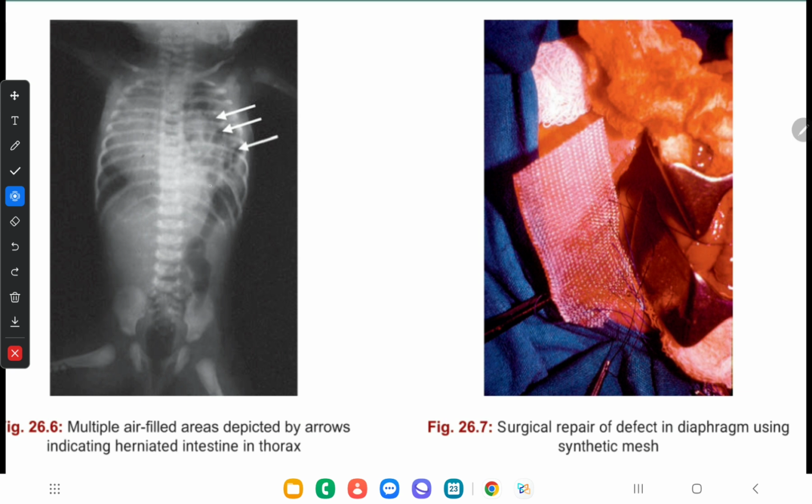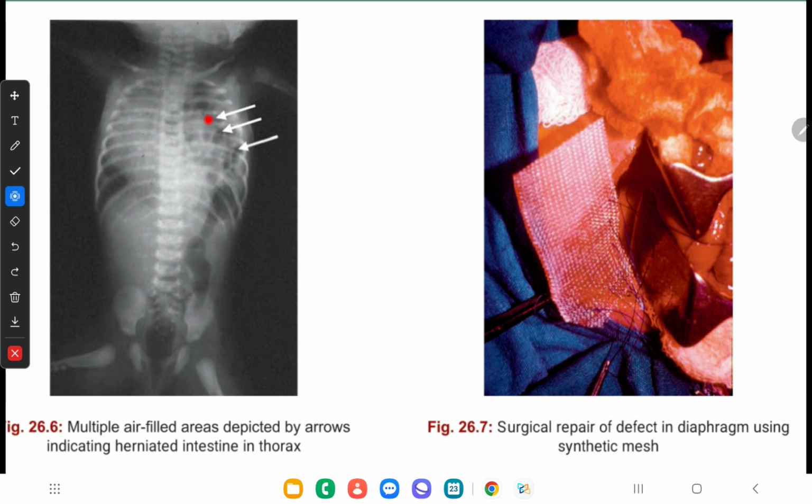Here you can see in this picture there is a herniated intestine in the thorax. That means usually in an X-ray we can see the gas filled in the bowel in this area. But in this picture you can see the air-filled intestinal loops have gone towards the thorax.